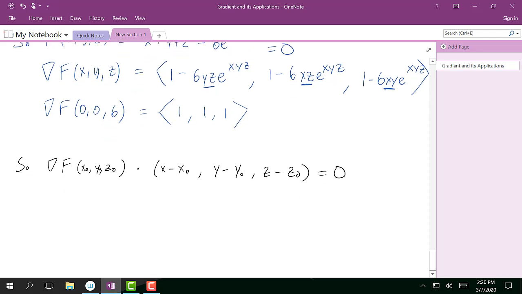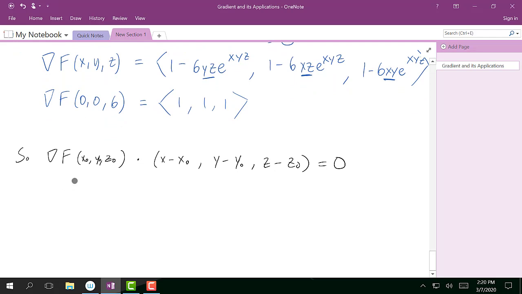So we get the vector (1, 1, 1) times (x minus 0, y minus 0, z minus 6), equals 0.